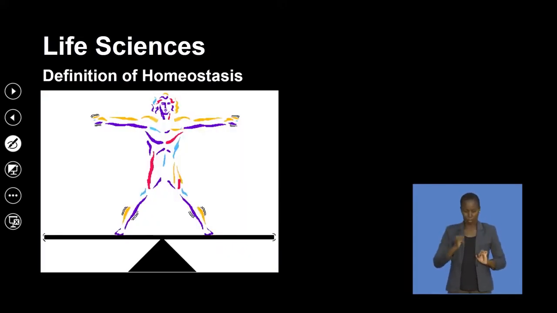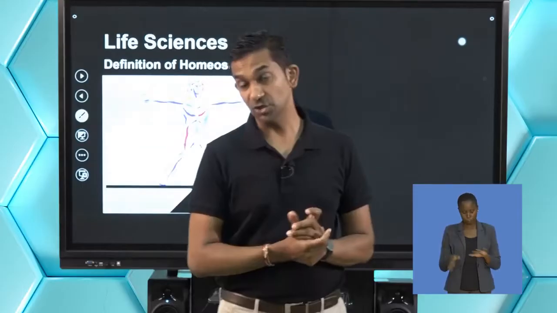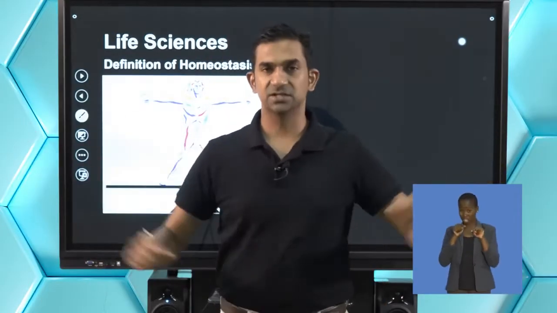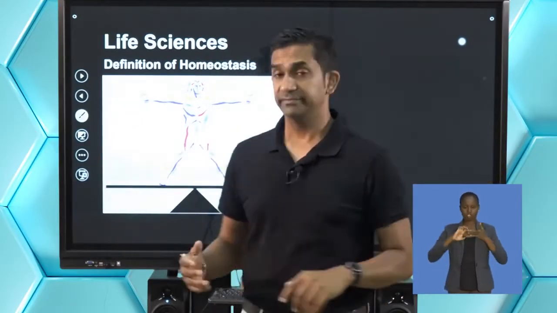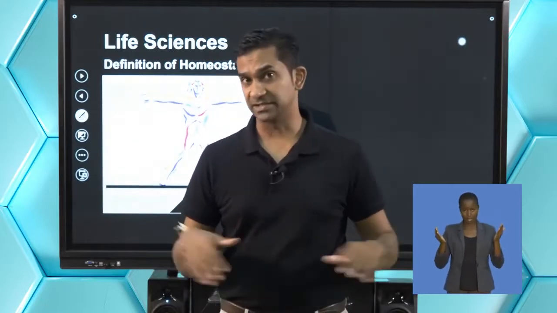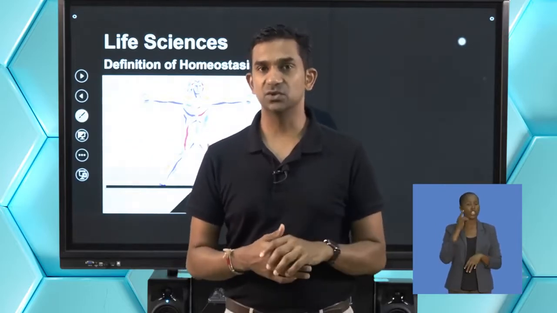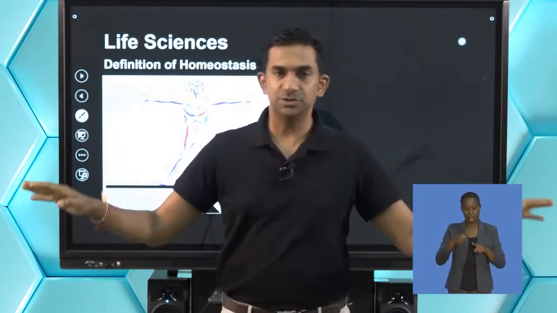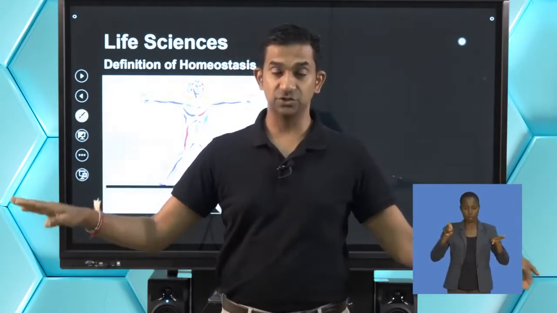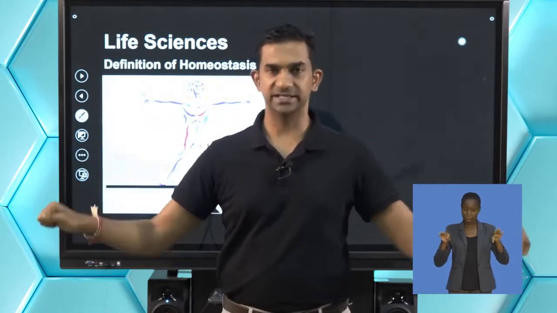So, the illustration I have on the board essentially shows you someone trying to balance on what we know is kind of a balance or a seesaw. And you know that at some point when you've been playing around on a seesaw, things eventually need to balance out for individuals to be kind of even on either side.